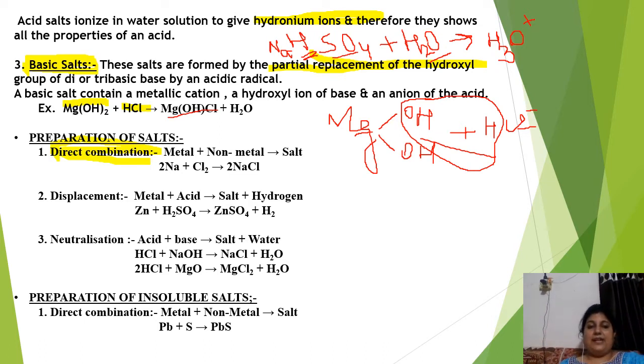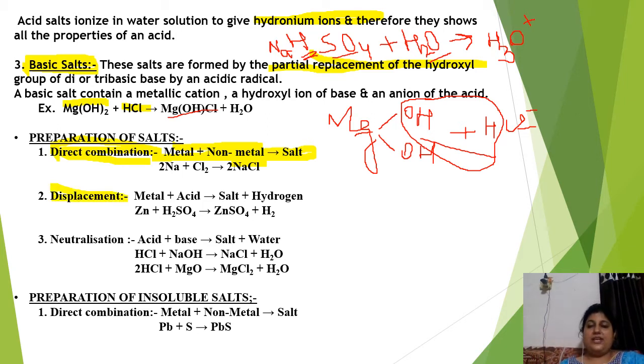So when metal and non-metal react with each other, it results in the formation of salt. For example, sodium gets attached with chlorine and results in the formation of sodium chloride.